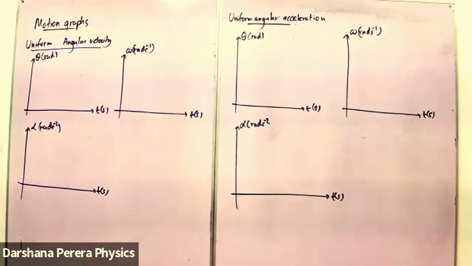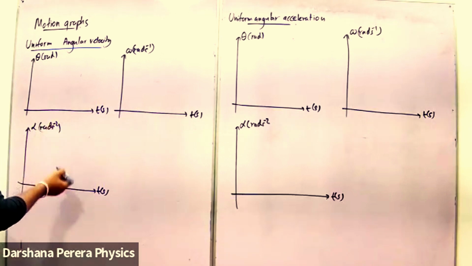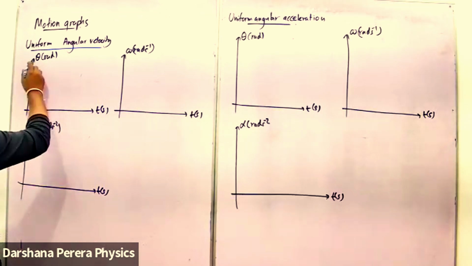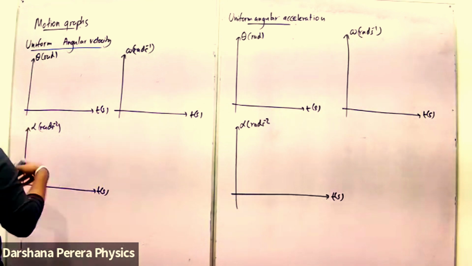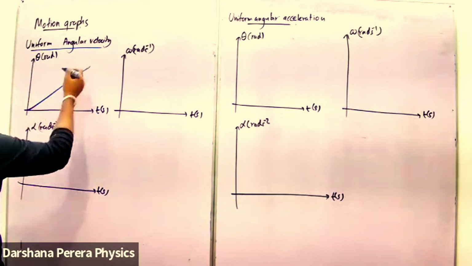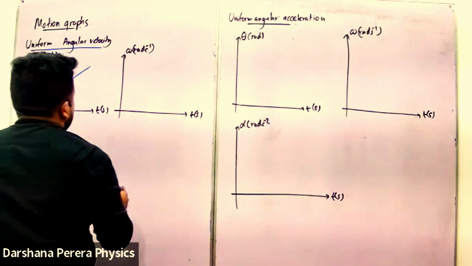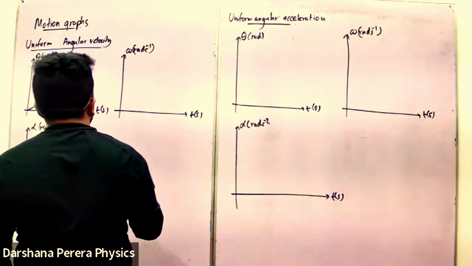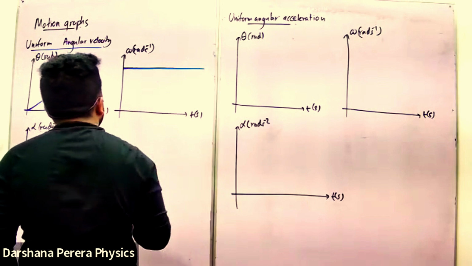What is the motion graph for uniform angular velocity? Uniform angular velocity means the gradient of the theta t graph gives the angular velocity. Gradients are uniform, therefore this is the uniform angular velocity. And the omega t diagram means angular velocity in a uniform state.